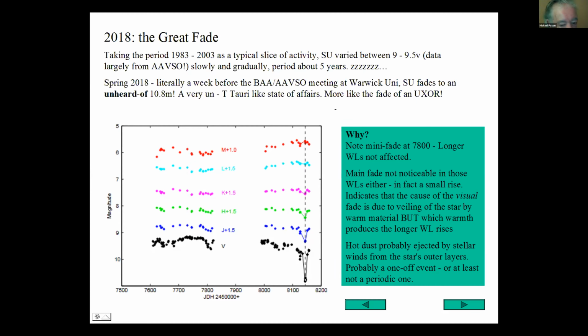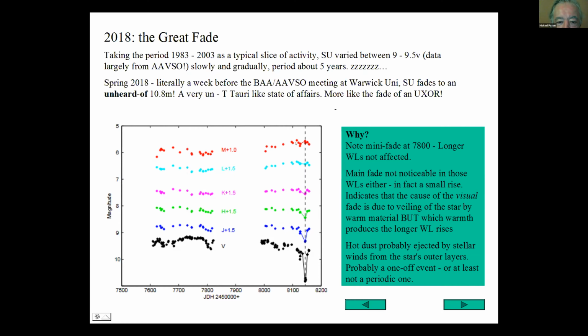It's interesting that the visual minimum here is very, very deep. It's much deeper than anything else. So whatever is causing this variation, it's probably solid material, because up here we've got all the infrared areas, and they are not affected at all by whatever has caused this.